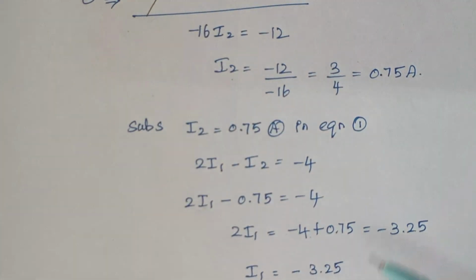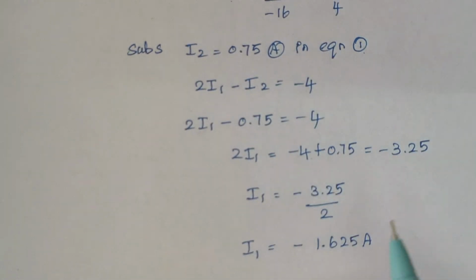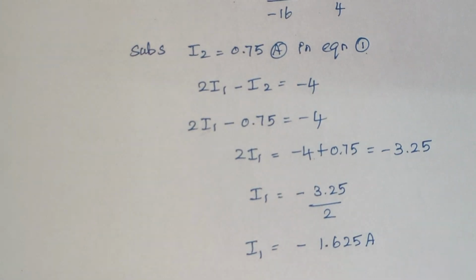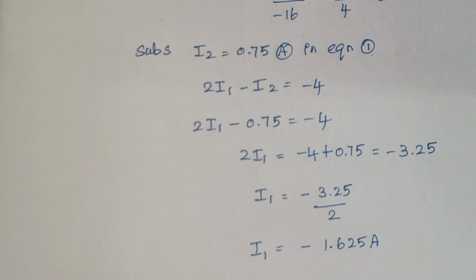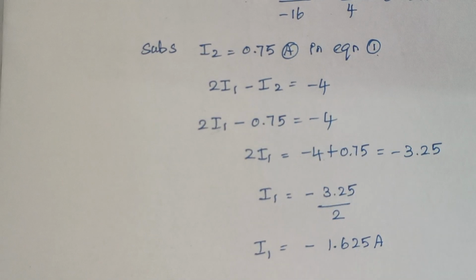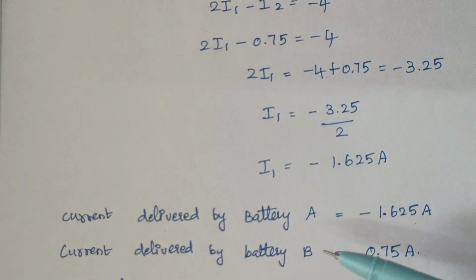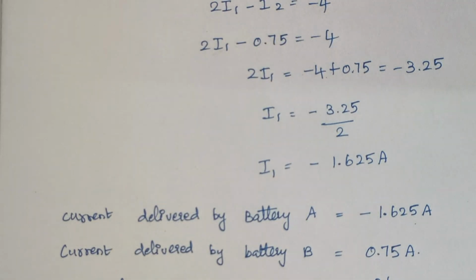Here I substituted in equation 1, and once you solve, the value of I1 is calculated as minus 1.625 amps, right? So here we have calculated the values of I1 and I2. The current delivered by battery A is I1 and the current delivered by battery B is I2, because these are the values of current we assumed initially.